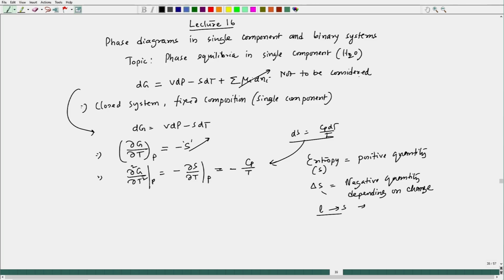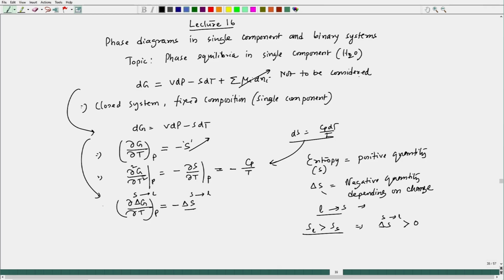Okay. Here I am changing from solid to liquid. So, when I am taking solid to liquid, SL is greater than SS. So, then delta S solid to liquid should be greater than 0. So, it is a positive quantity.